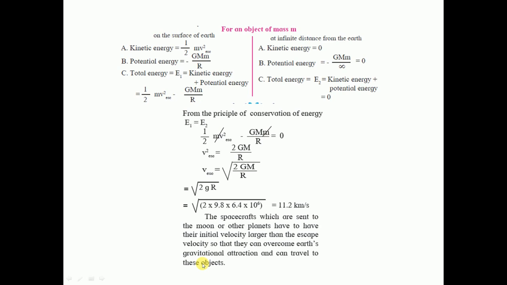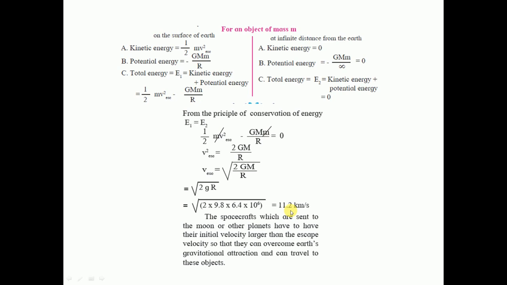It is less than the escape velocity. That means their velocity will be less than 11.2 kilometer per second. So if their initial velocity is less than 11.2 kilometer per second, then they will stay in the field of Earth's gravity, and it will rotate around the Earth.